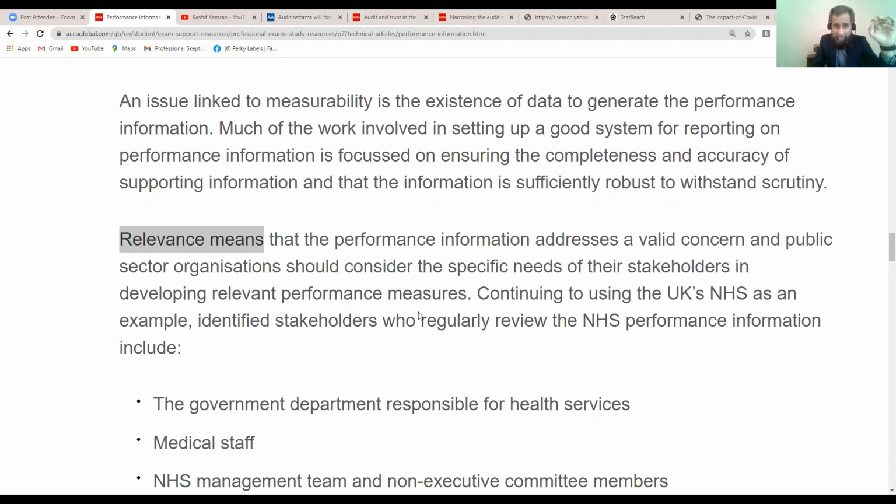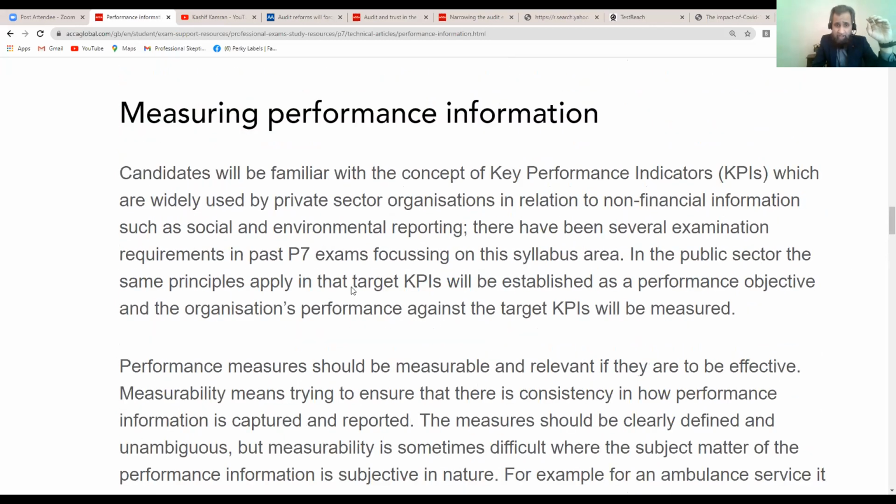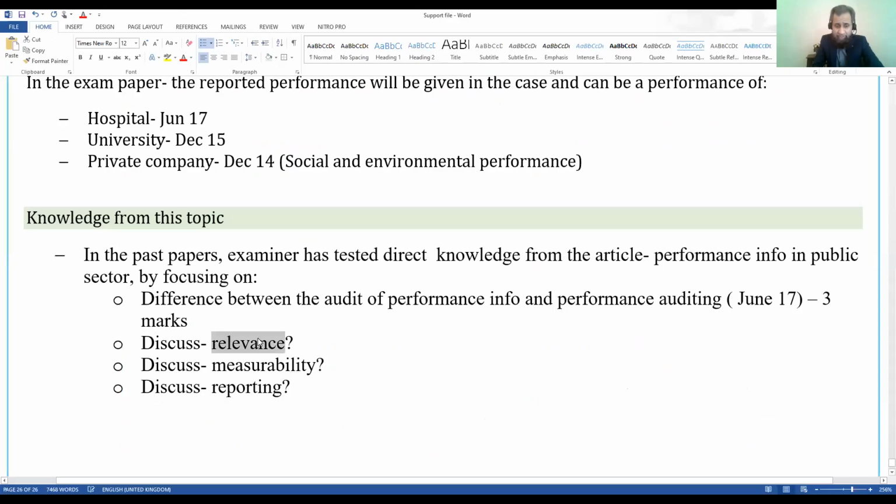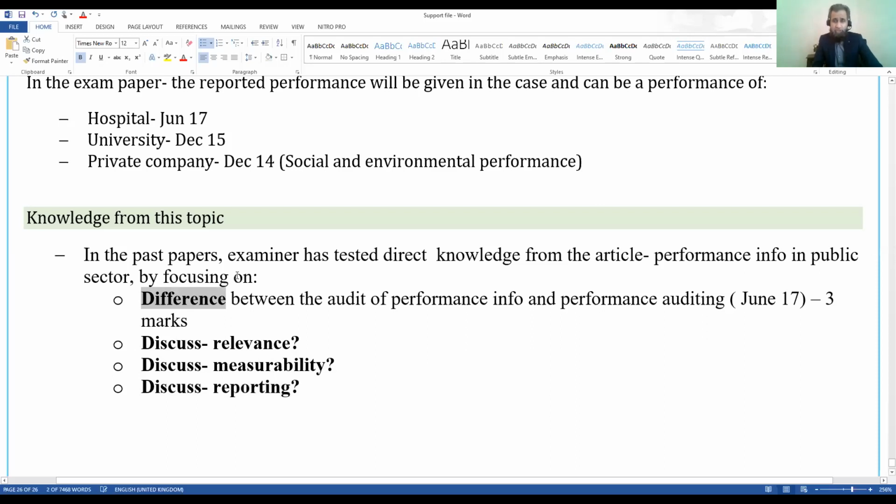So there are paragraphs about relevance. There are paragraphs about measurability. There are paragraphs about reporting. Please ensure you're reading the article about relevance. I've already covered in the previous webinar measurability, in the previous webinar reporting, in the previous webinar. So either watch it or read it. So this is the knowledge part of it, right? Which is extremely important for this topic.